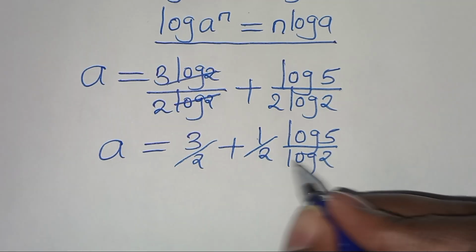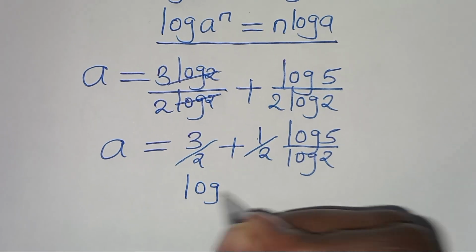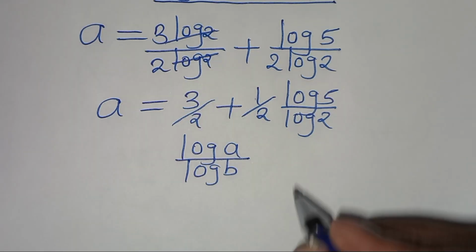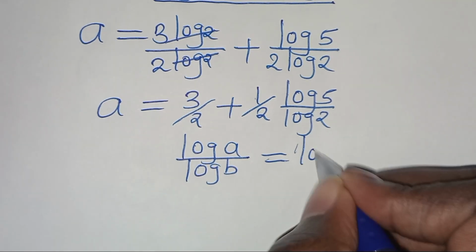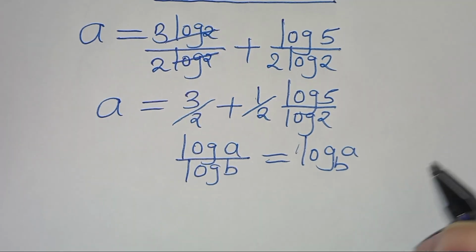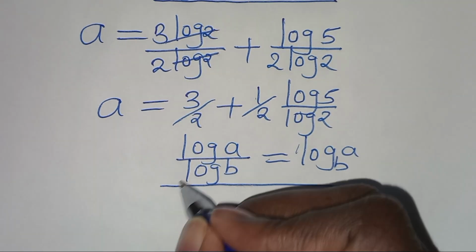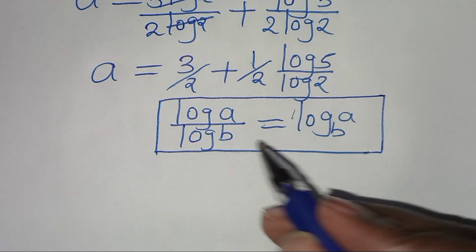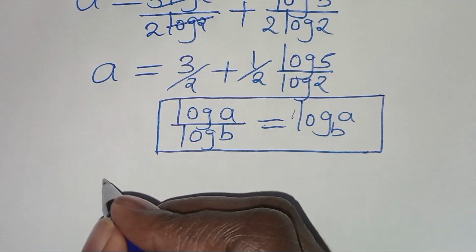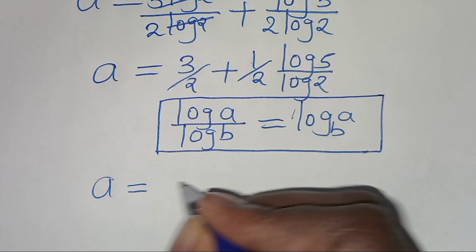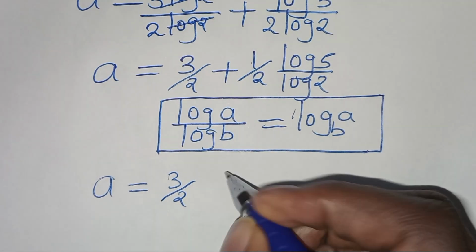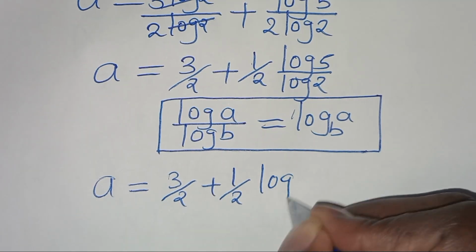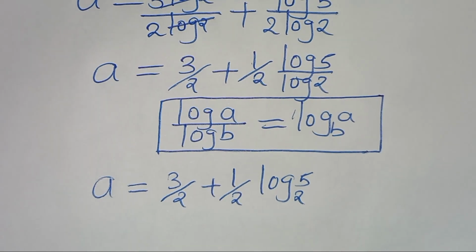So log 5 over log 2, this is in the form of log a divided by log b, which we can express as log a to base b. So applying this logarithm property from here, then we have that a is equal to 3 over 2 plus half log 5 to base 2.